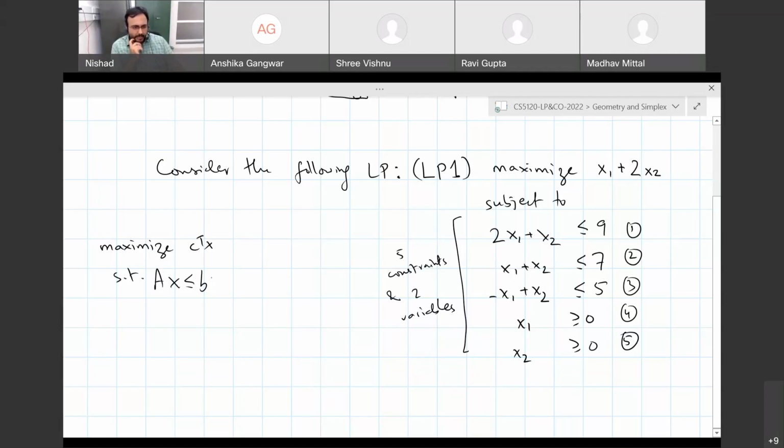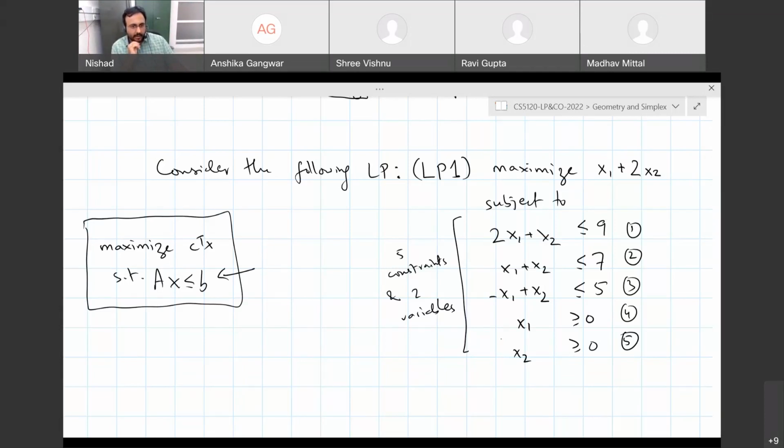And this includes all of the constraints. Even the non-negativity or non-positivity constraints like these last 2 are also taken care of by this format. I'm writing maximize because if it was a minimize problem, you would just flip the sign and make it a maximize problem. So this is a pretty generic form of any linear program.